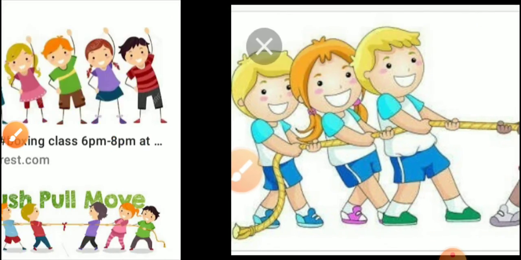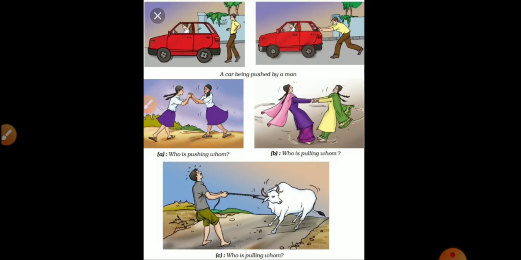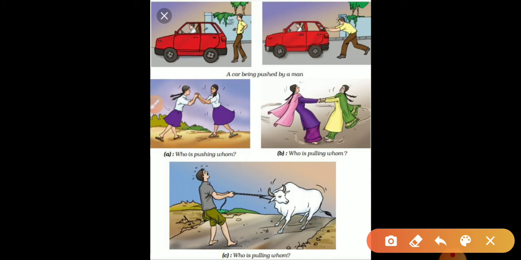Next example. In this example also, you will see push, pull, move. So muscular energy is used in all the cases. These are all examples of contact force. Next example, we have seen already. The man is pushing a car.